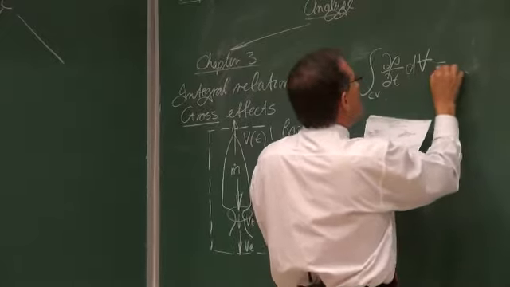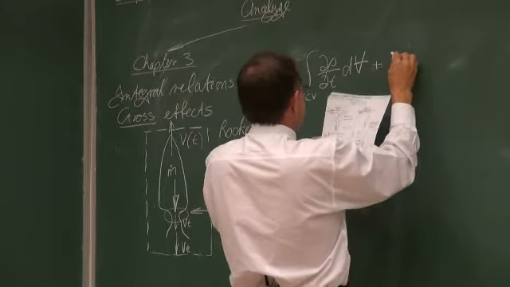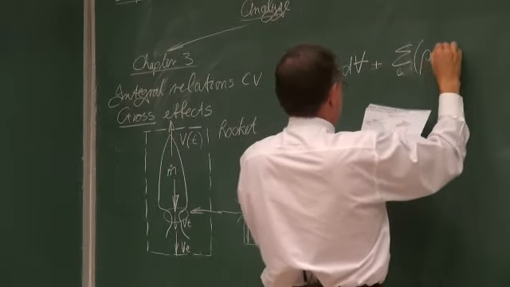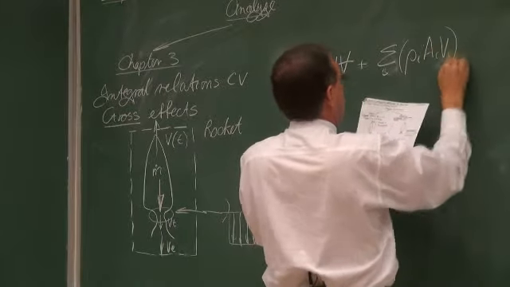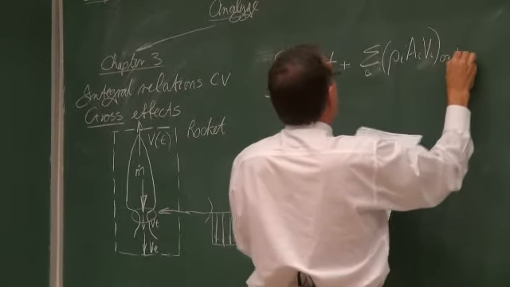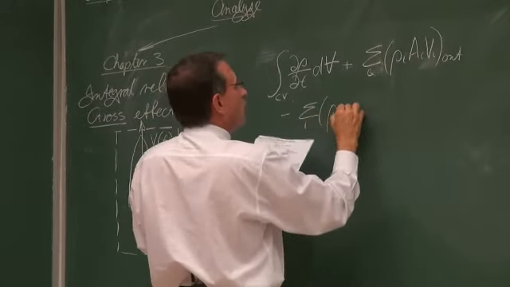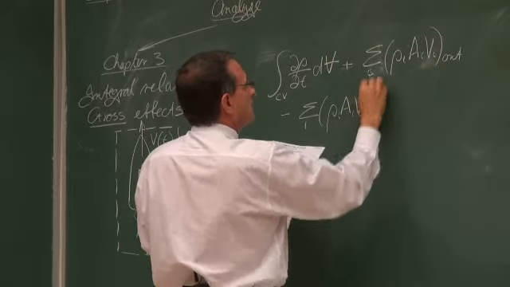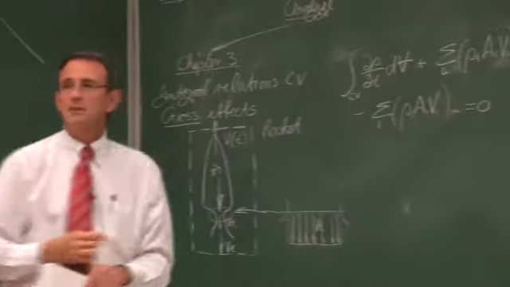Okay, that would then be equal to, that plus the sum of all the terms of rho, area, and the velocity out minus the sum of all the terms of rho, the area, and the velocity in would be equal to 0. Do you remember that equation?